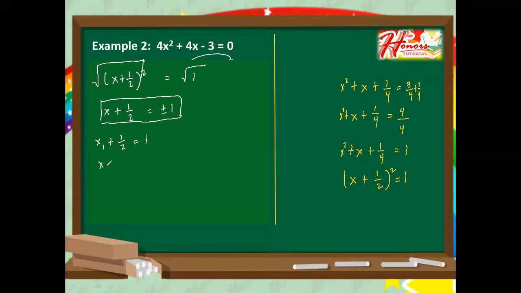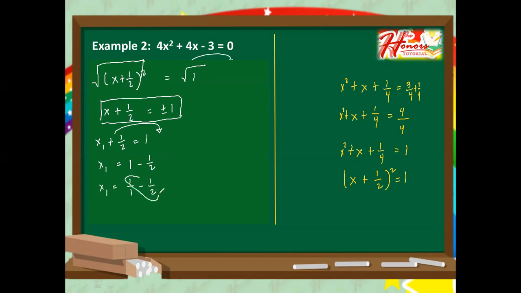Then it will become x sub 1 equals, let's transpose positive 1/2 to the right side of the equation. So equals 1 minus 1/2. If you are having difficulty with fractions, please use the butterfly method. It will become x sub 1 equals 1 over 1 minus 1/2.